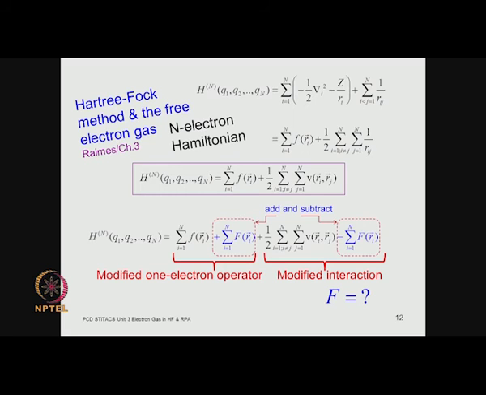We are asking the question, how should F be chosen? Now, we are going to choose F such that the expectation value of the Hamiltonian in the n-electron determinantal wave function is a minimum, which is the heart of the variational principle.